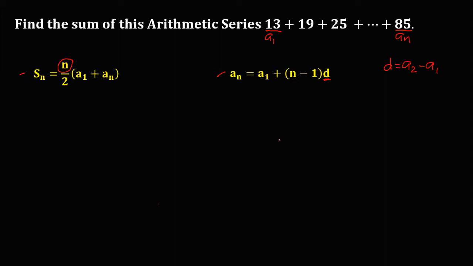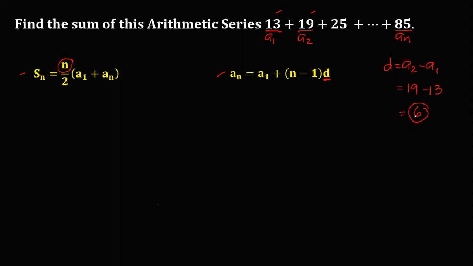In the given series, the second term is a sub 2. So to find the common difference, we have 19 minus 13, that's a sub 2 minus a sub 1. Therefore, the common difference is positive 6.